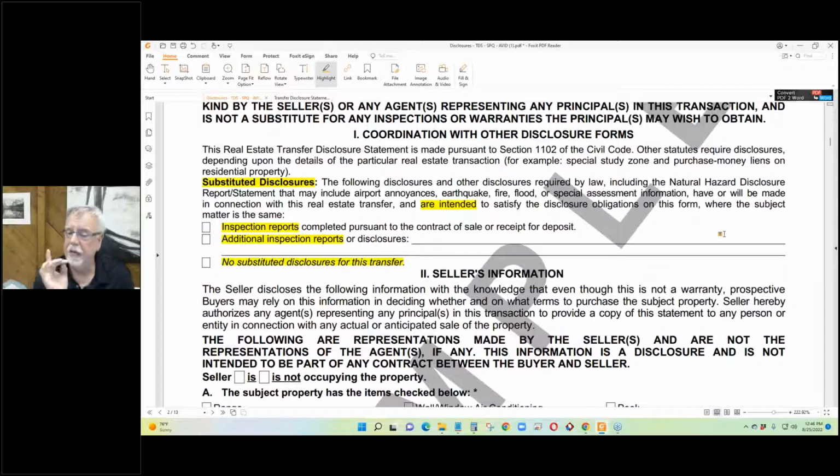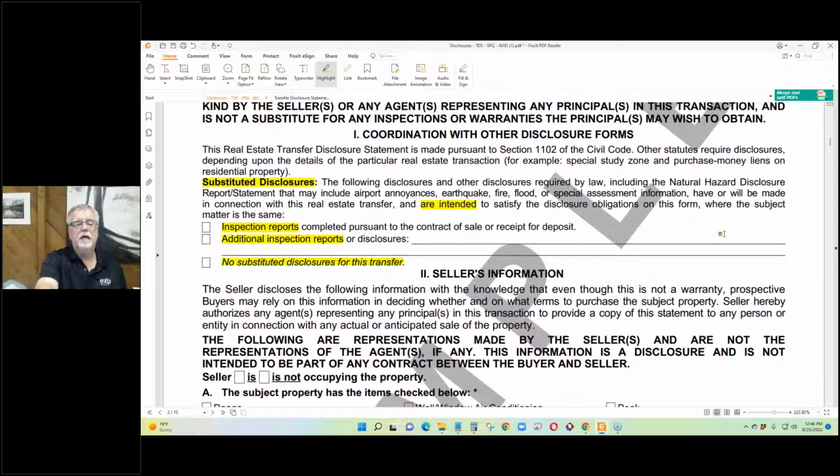And at the time they wrote the form, they being the people form writing for the state legislature, were thinking maybe at some time in the future, we're going to come up with some super kind of property inspection and people will have the option of getting that instead of doing the TDS. That's what they were thinking. Now, what's happened since 1987 is they've never done that. They have never come up with a substituted disclosure.